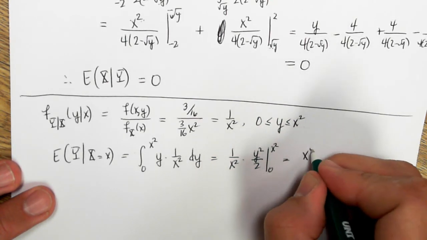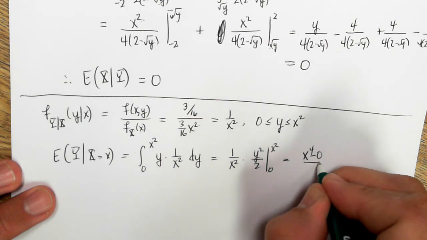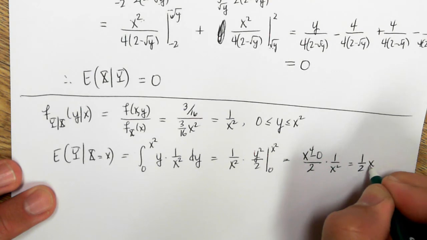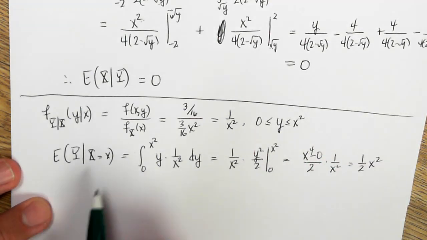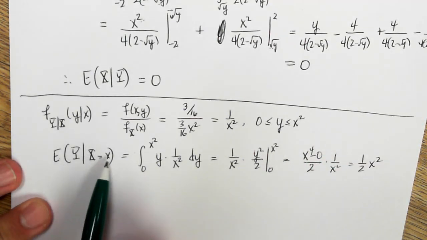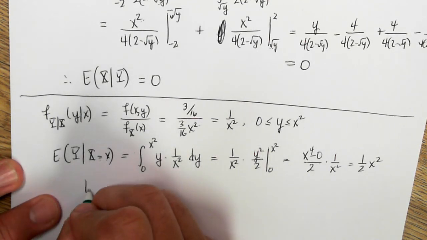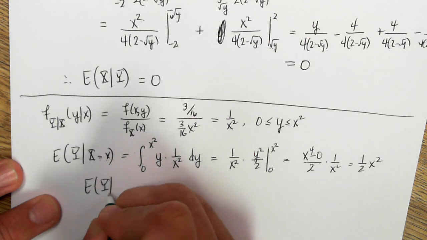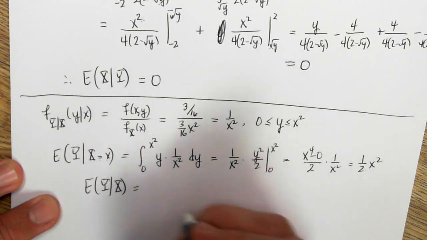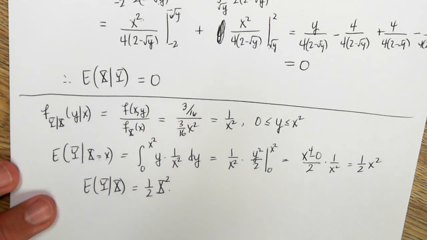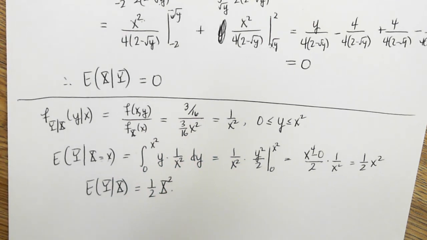So we get x to the fourth minus 0 over 2 times the 1 over x squared, and that is 1/2 x squared. So the expected value of y, given that capital X is equal to little x, is equal to 1/2 x squared. And so if I eliminate the equals x here, the expected value of y, given capital X, is the random variable 1/2 x squared. Okay, and so that's our answer.